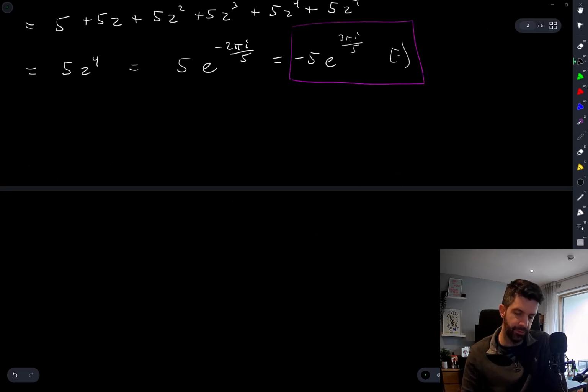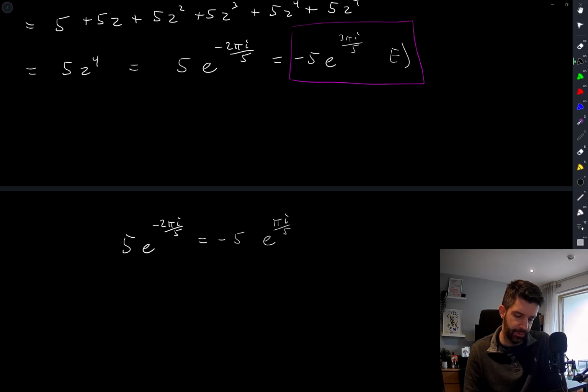So maybe another way of seeing this, 5e to the negative 2 pi i over 5. If I multiply by negative 1, or let's just call this negative 5, times e to the pi i over 5 times e to the negative 2 pi i over 5.